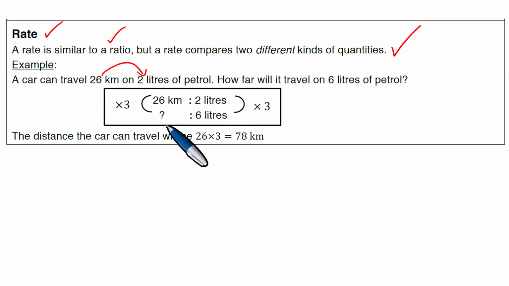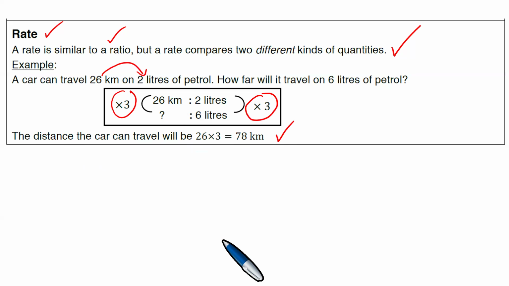You multiply 2 liters by 3 to get 6 liters. You multiply by 3 on the right, you multiply by 3 on the left. 26 by 3 is 78 kilometers. The distance the car can travel will be 78 kilometers.